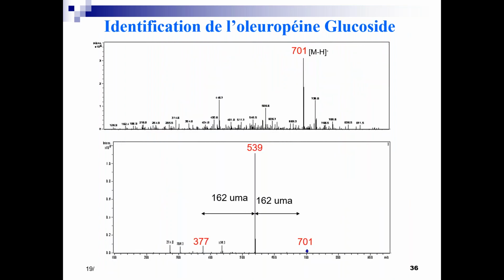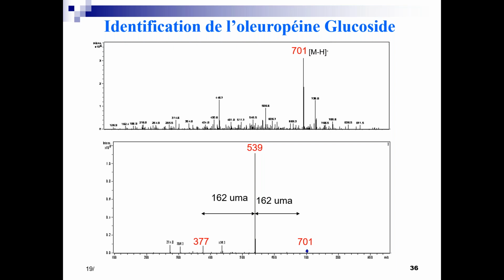Another compound, identification of oleuropein glycoside. You can see here that using LCMS, it was easy to identify this compound. This compound contained two sugars, 162.